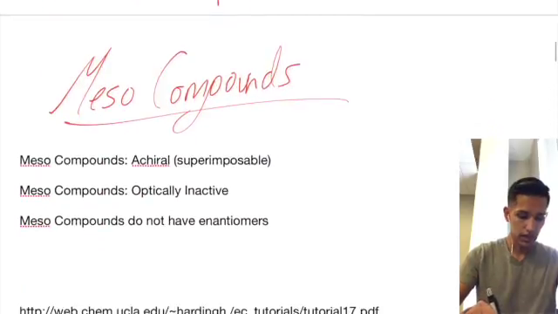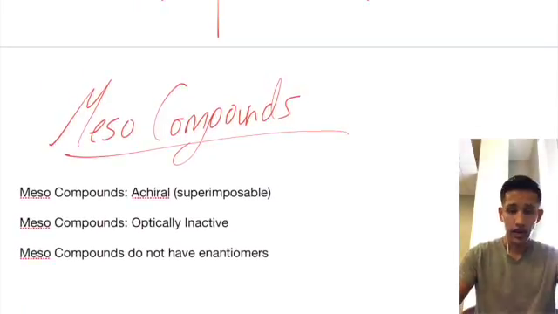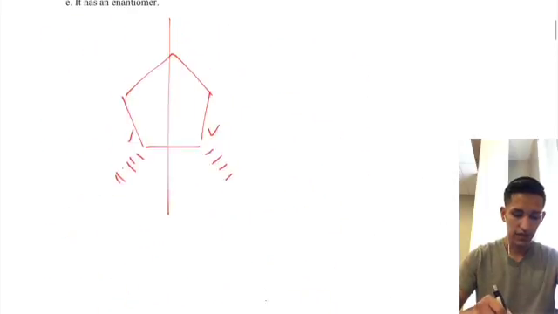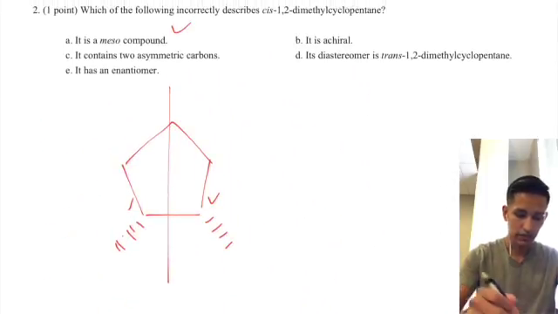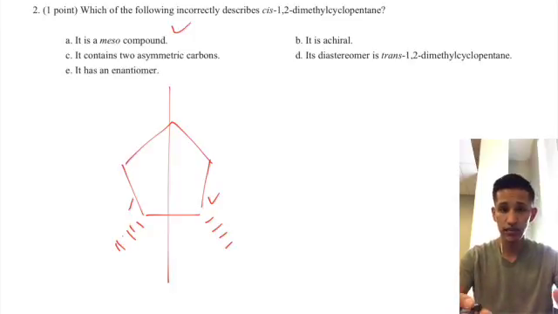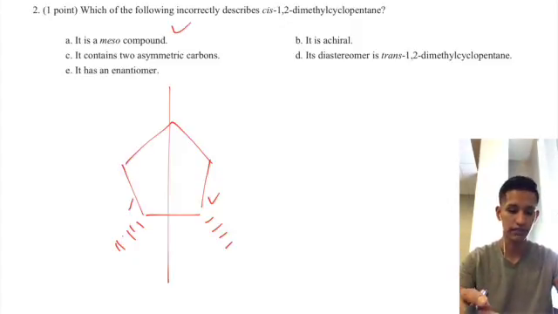Meso compounds are also optically inactive, and that actually comes from the configurations of a meso compound. I'll let you guys figure out whether this is R or S, but the main thing to know about meso compounds is that if one side is R, the other side has to be S. Or if one side is S, the other side has to be R. That's a characteristic of meso compounds.